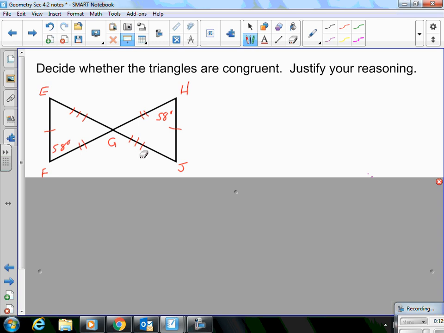EF is congruent to HJ, EG is congruent to JG, and HG is congruent to FG. So we know all three sides are congruent, and then we also know that angle F and angle H, both being 58 degrees, are going to be congruent as well.